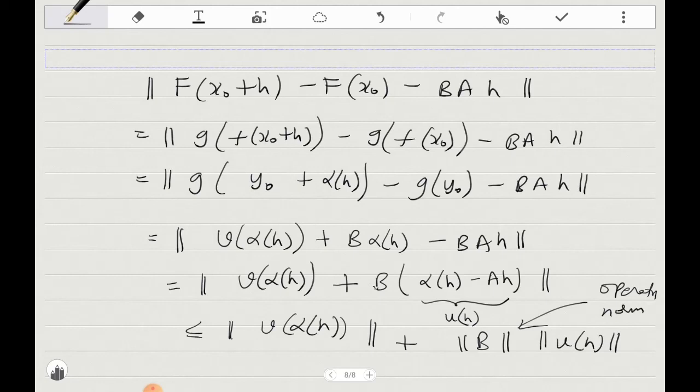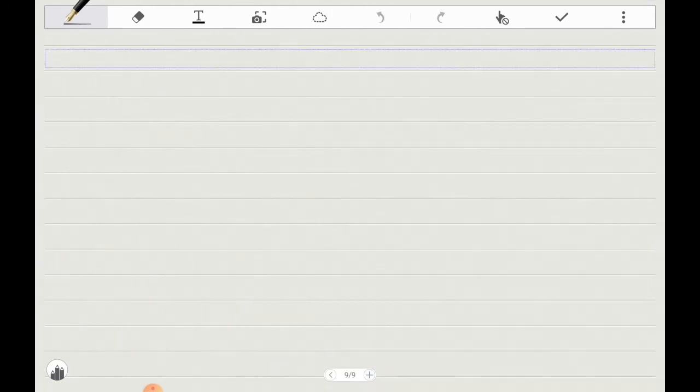Finally, divide both sides by norm H. As I said, I want to say that the entire thing is less than epsilon times norm H, or better still, divide by norm H on both sides and then say that as H goes to 0, I should get 0.